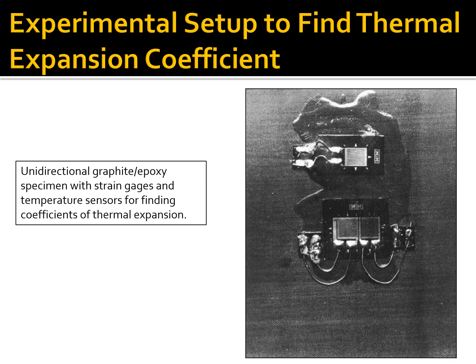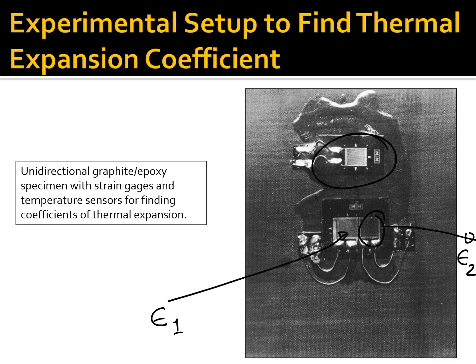Then you put a temperature sensor right here, and a strain gauge here, which is going to measure the strain in direction 1. And this one here is going to measure the strain in direction 2. That's how we're going to be able to find alpha 1 and alpha 2.